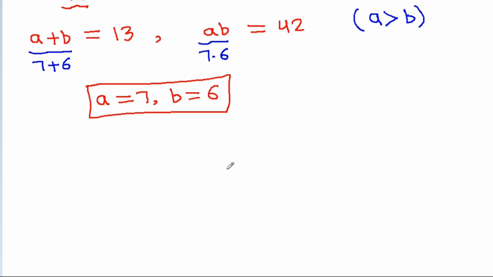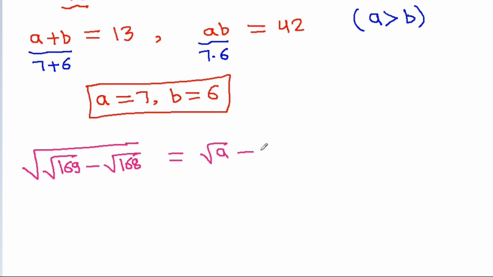And the square root of (root 169 minus root 168) is equal to root a minus root b, and it is root 7 minus root 6.